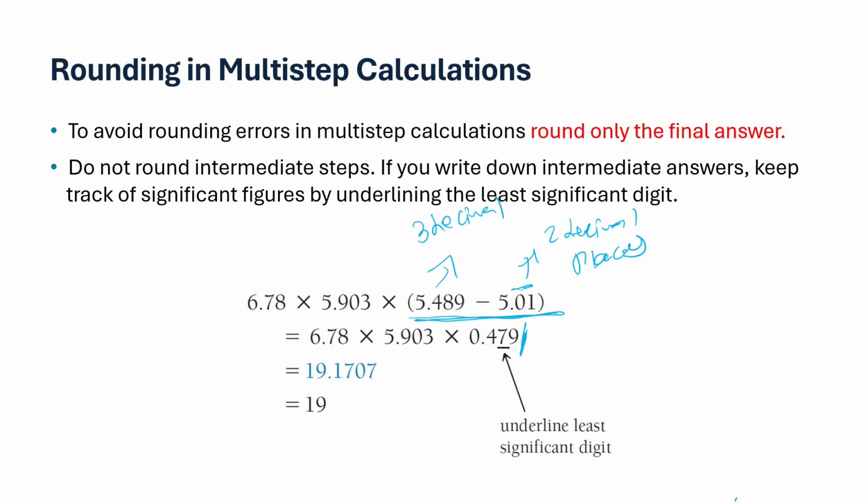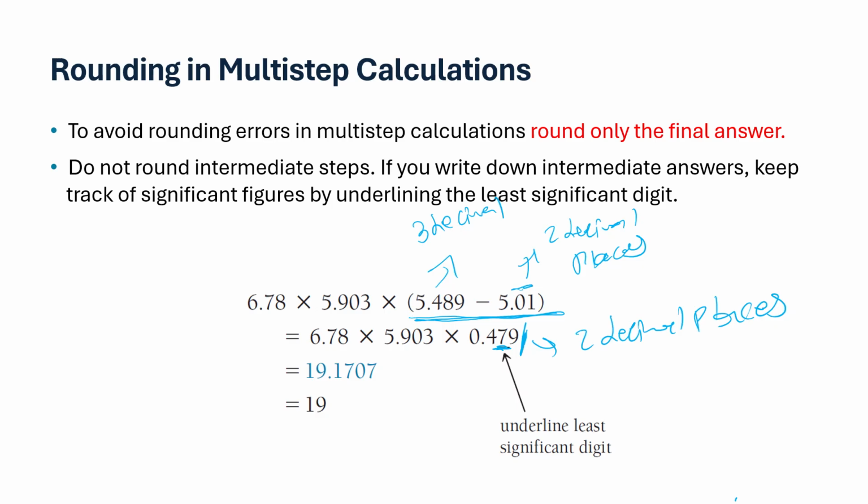So you draw a line under it to know that you just have 4 and 7 as sig fig, but you are not rounding it here.